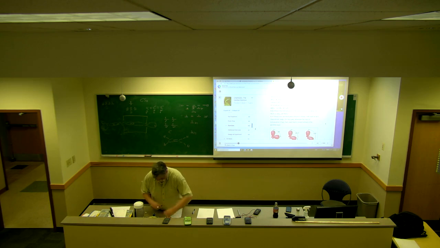My problem with these is they don't show a sigma bond and a pi bond. They show both.